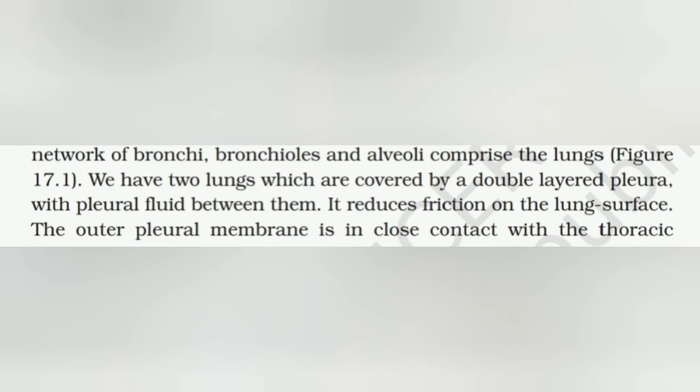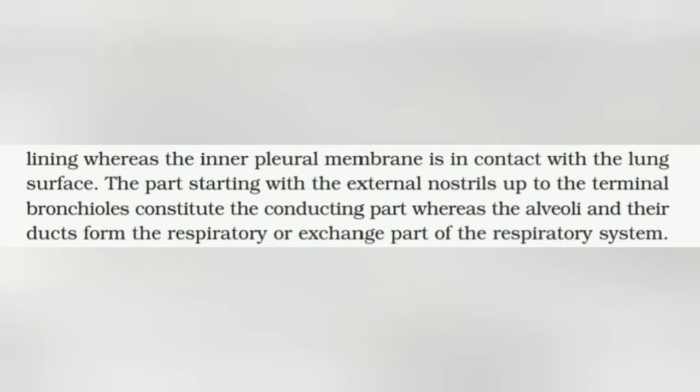We have two lungs which are covered by a double-layered pleura with pleural fluid between them. It reduces friction on the lung surface. The outer pleural membrane is in close contact with the thoracic lining, whereas the inner pleural membrane is in contact with the lung surface. The part starting with the external nostrils up to the terminal bronchioles constitutes the conducting part.